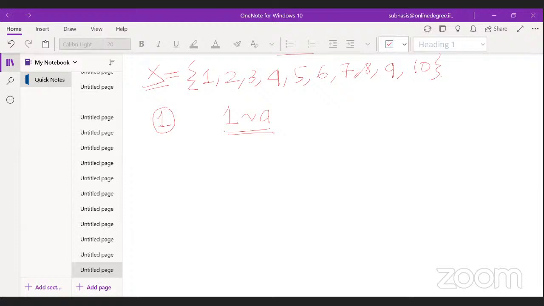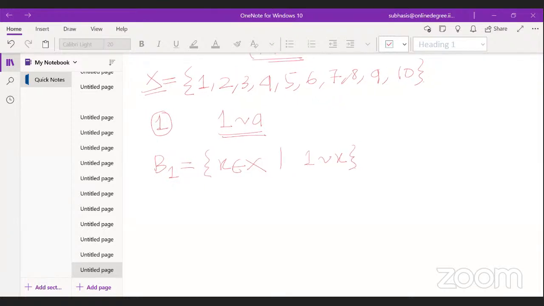So my set, suppose I denote this set B1, is the set of X in X such that 1 is related to X. So can you tell me what are the elements of B1?